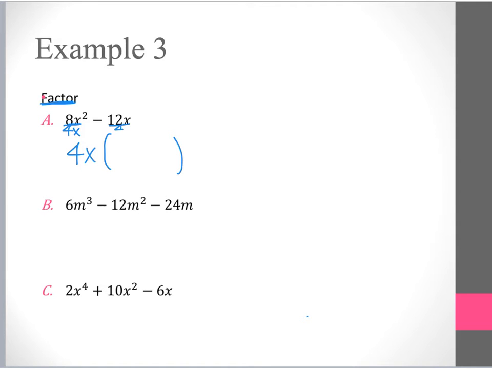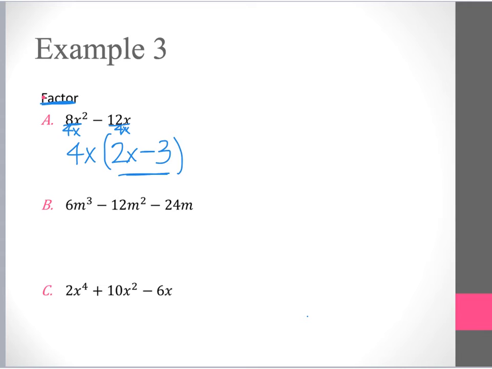Whatever those two terms divided by 4x are is what's going to go inside the parentheses. So 8x squared divided by 4x is going to give me 2x. I do have a subtraction in the middle. And then 12x divided by 4x is going to give me 3.